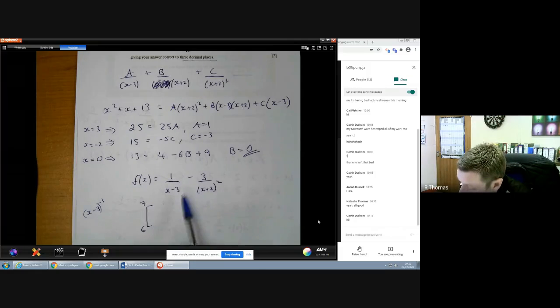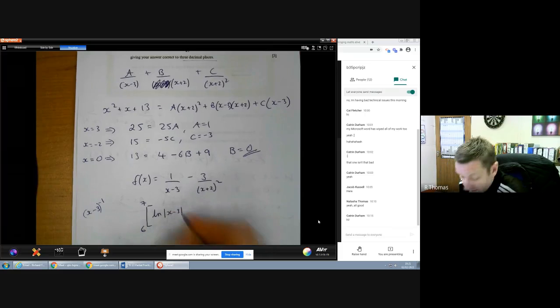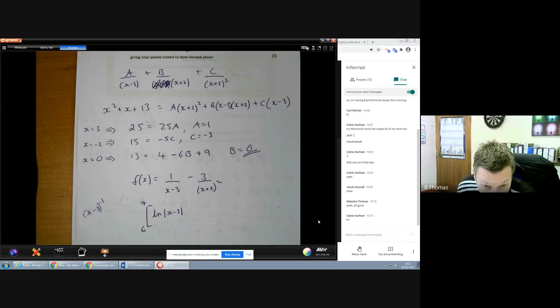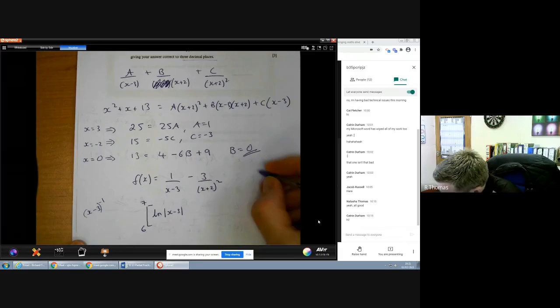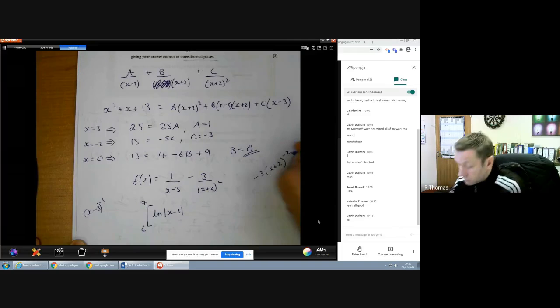So the integral of 1 over x minus 3 is the log of x minus 3, which I'm sure you are now aware of. This one here, that's effectively minus 3 times (x plus 2) to the minus 2.